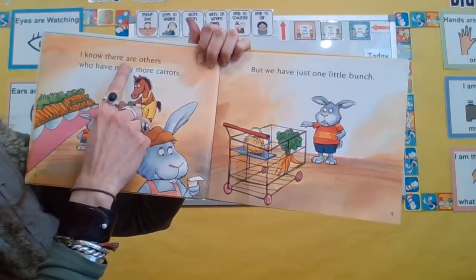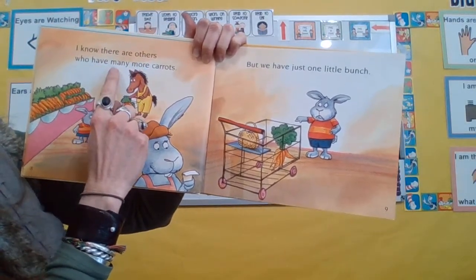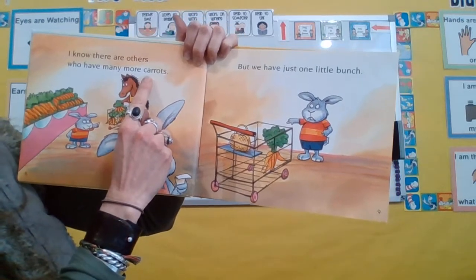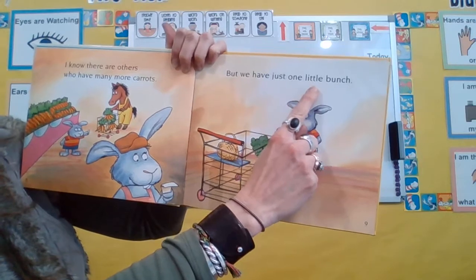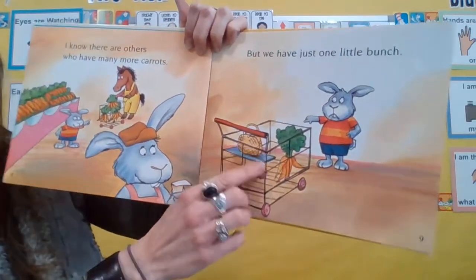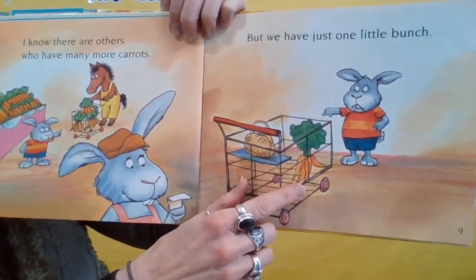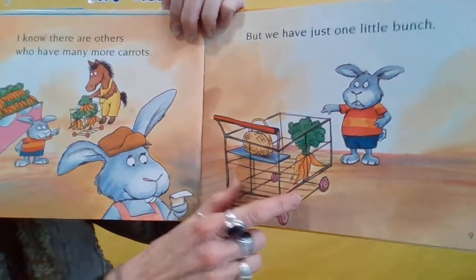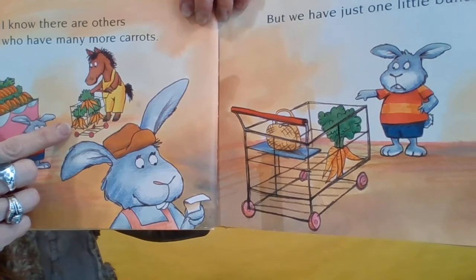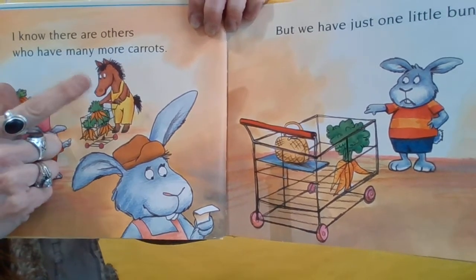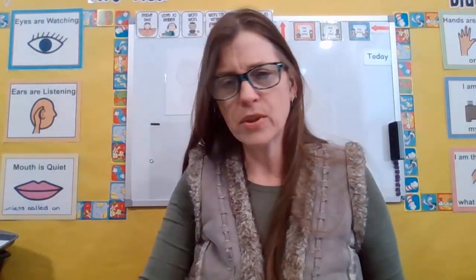I know there are others who have many more carrots, but we have just one little bunch. Well, look at that. Rabbit only has one little bunch. Look over there. Look how many carrots Horse has. Let's look at that. I'm going to pull you up close so that you can see what I'm doing.